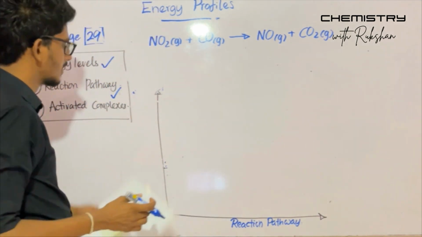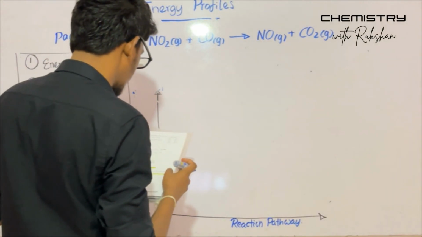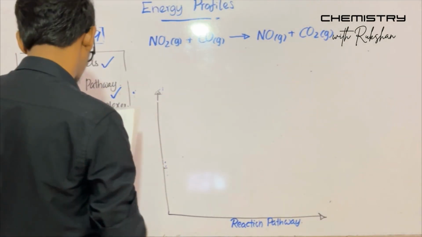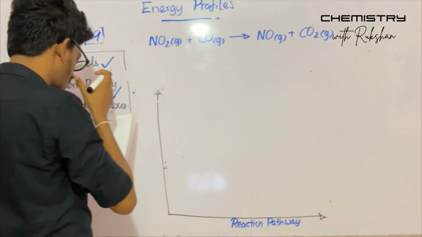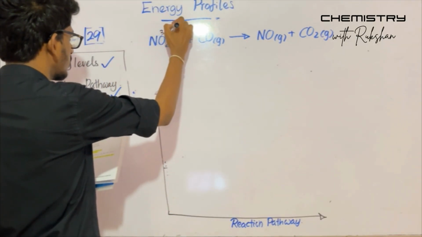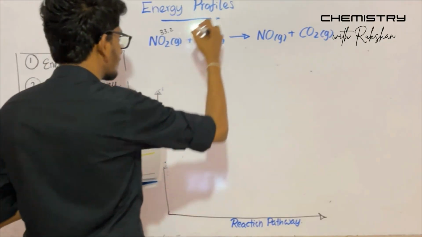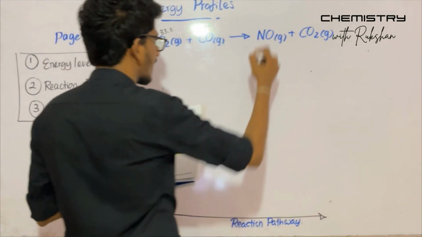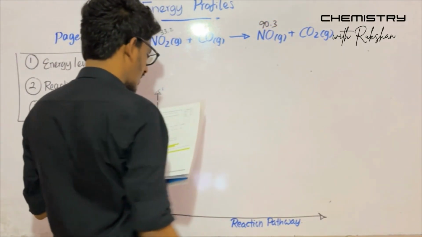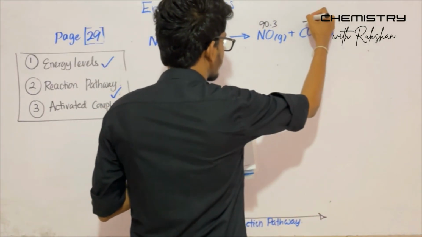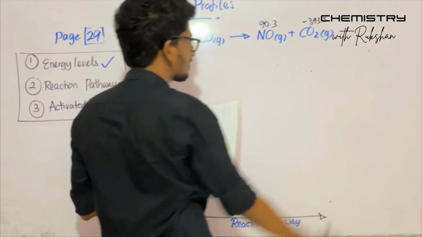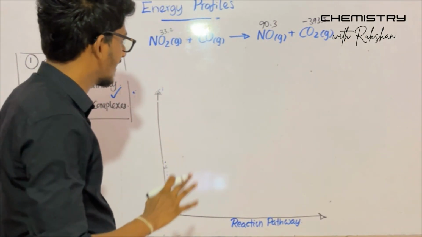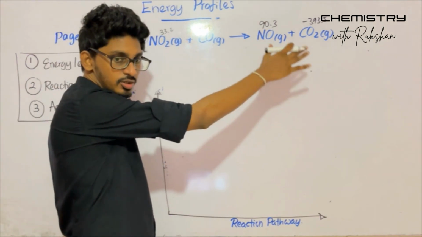So they have given the values for these ones: NO2 as 33.2 and CO as minus 110.5, NO as 90.3 and the CO2 as minus 393.5, right? So clearly you see the enthalpy decreases going from here to here.